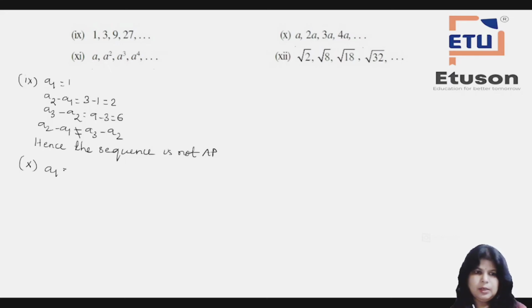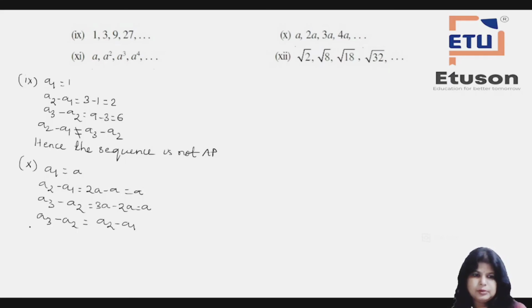Now the 10th bit. So here A1 is equal to A. So let us find out the difference. A2 minus A1 is 2A minus A, that is A. A3 minus A2 is equal to 3A minus 2A, that is A. So there exists a common difference as A3 minus A2 is equal to A2 minus A1, and your common difference is A. So it is AP.